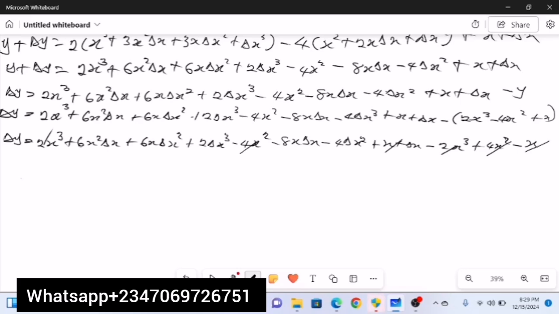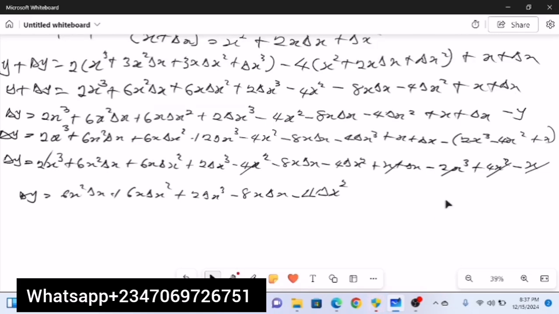So this means my change in y is now going to be equal to 6x squared change in x, plus 6x change in x squared, plus 2 change in x to the power of 3, minus 8x change in x, minus 4 change in x squared.